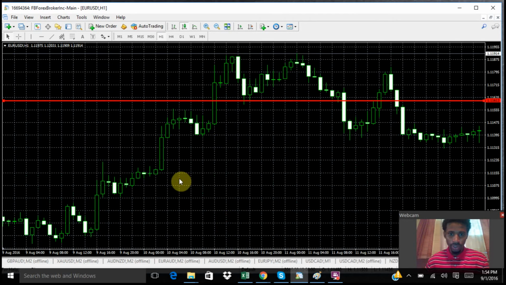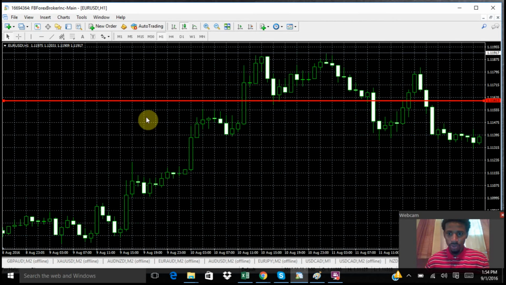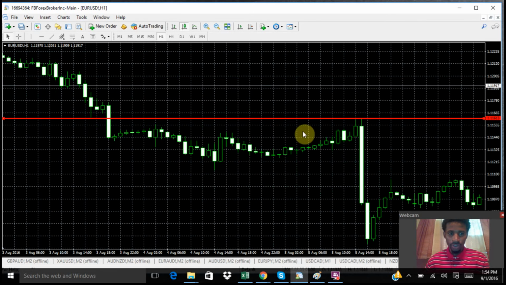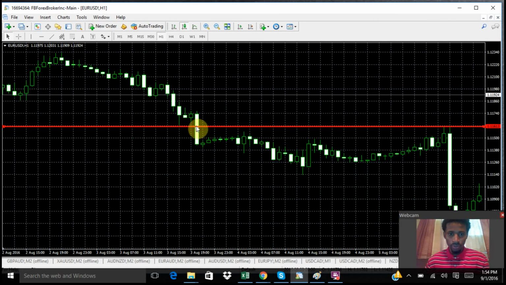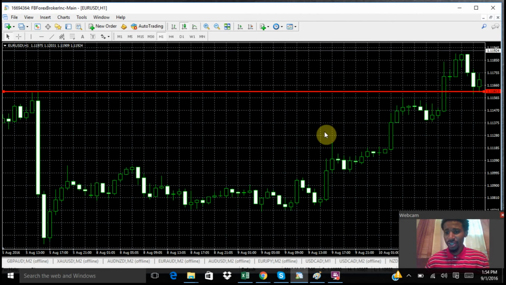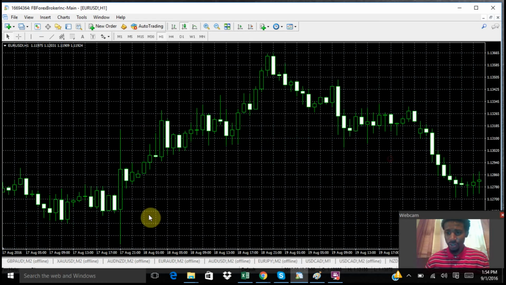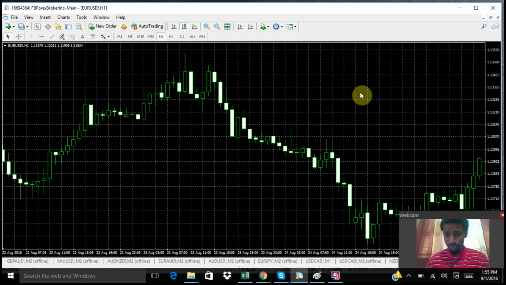Another strong candle is needed to break; support holds, resistance, support, strong candle needed to break, support. So this is an accurate support or resistance line. This can be used in the future because it's very strong and it needs a big candle to break it.